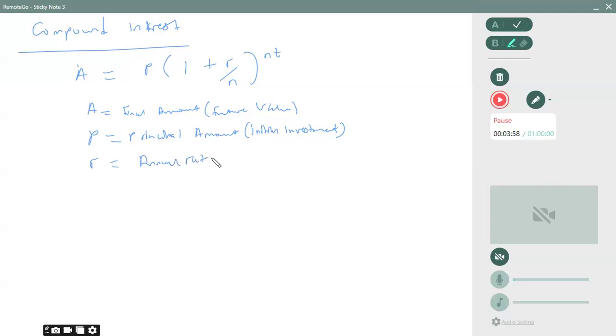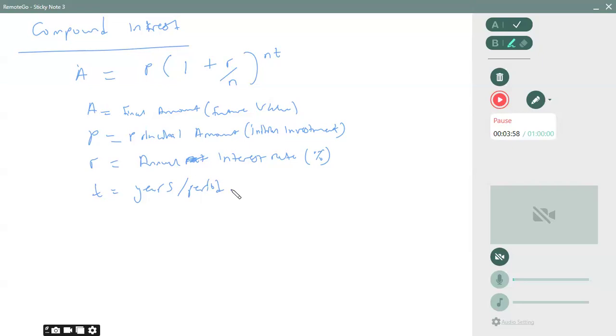The annual interest rate can be in the form of percentages. Now T is basically the years, the time, the period.